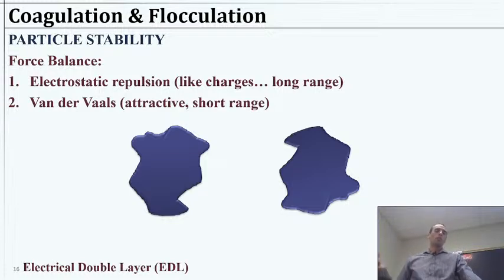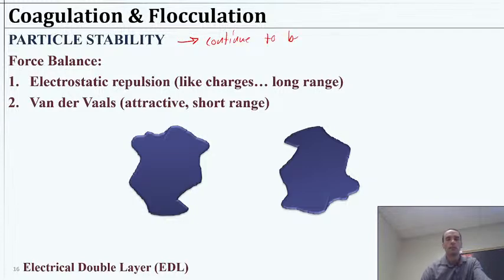That's what we call stability. When we say we've destabilized the particles, suddenly they're acting a little more like Velcro when they meet another particle, starting to stick together, and ultimately they will fall out of solution, typically by sedimentation, or just by sticking to some surface. That's what we call destabilized. So stability means they will continue to be suspended in solution.